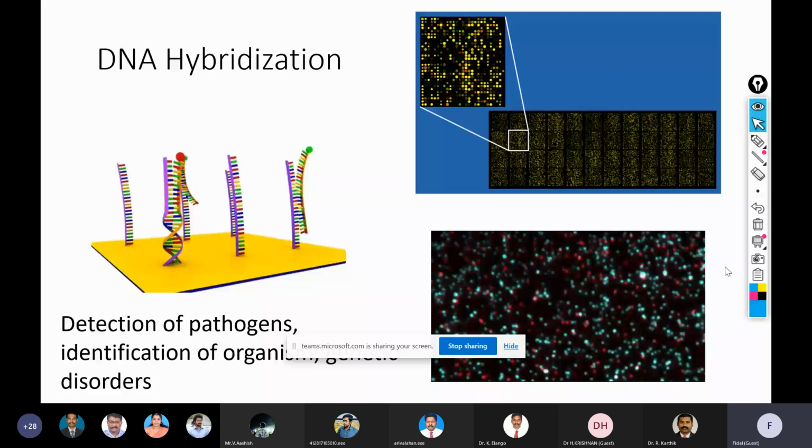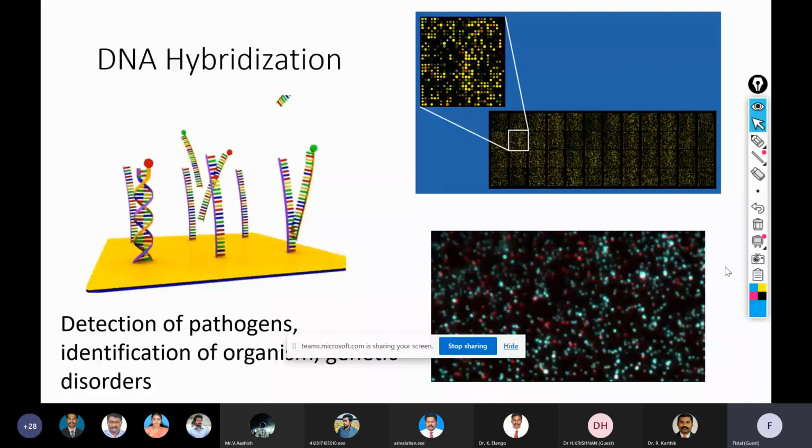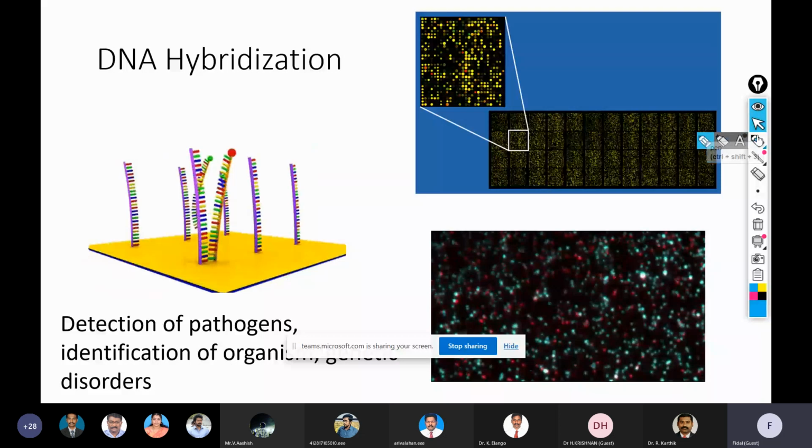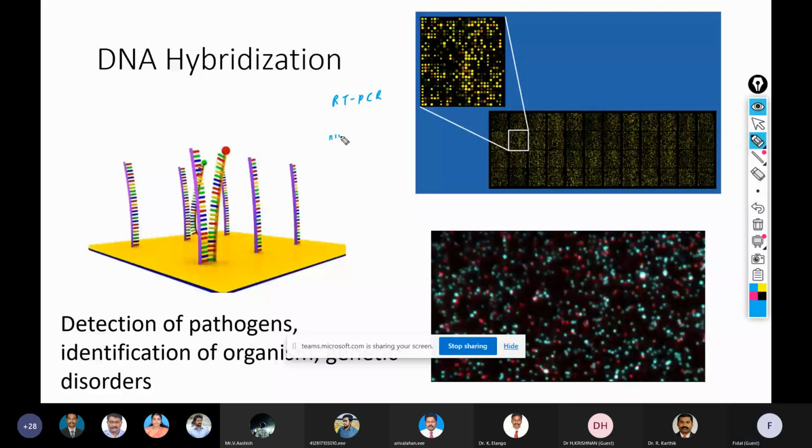Now, very commonly, you might have heard of the RT-PCR test, which is commonly used for the detection of COVID. What happens in the RT-PCR test is you have a short stretch of DNA which is complementary to the COVID DNA. You first amplify the COVID DNA if it is present, and when it binds to the COVID DNA, it gives out a signal whenever there is a binding.